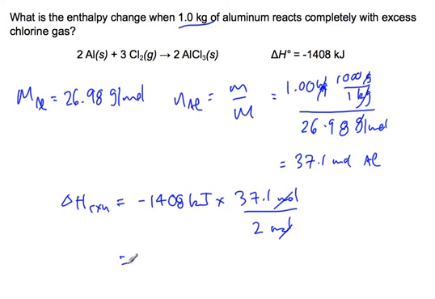Moles divide out, and in this example, we get 5.2 times 10 to the 4th kilojoules. Again, it should make sense: the molar amount in our reaction is far greater than the standard amount, so we should produce more kilojoules.